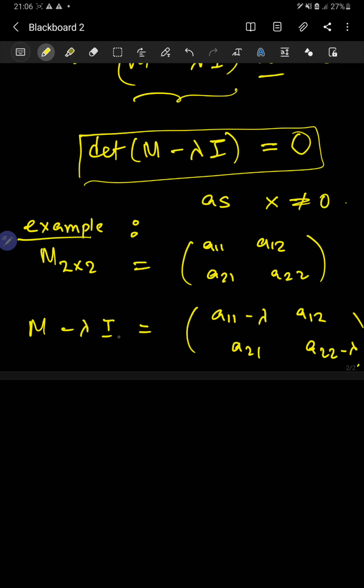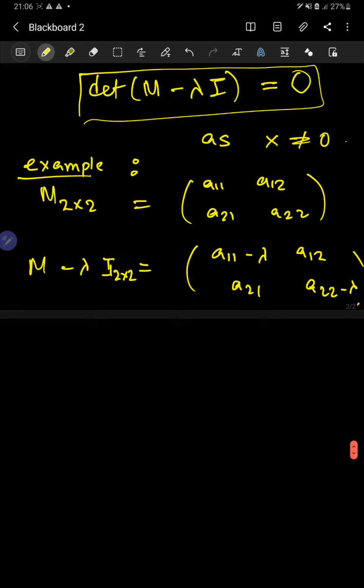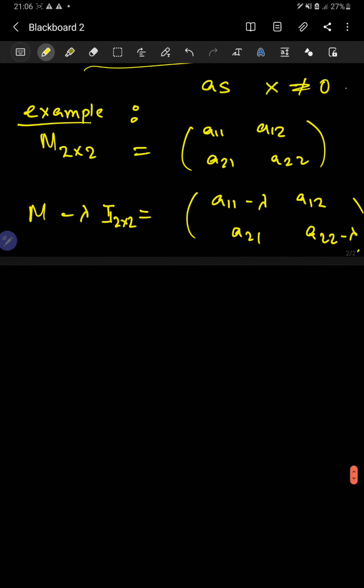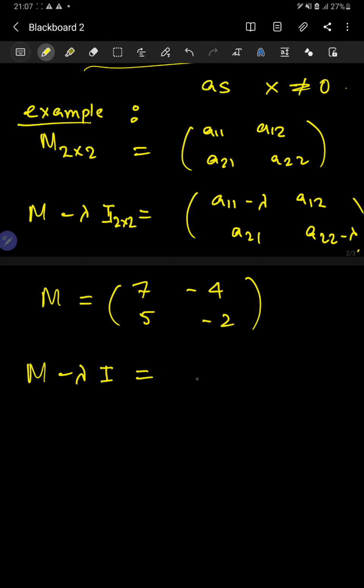I is the identity matrix in 2 dimensions, if you're wondering what I is. So let's pick some specific example. Let's say M is equal to 7, minus 4, 5, minus 2. So what is M minus lambda I here? This is 7 minus lambda, minus 4, 5, minus 2 minus lambda.